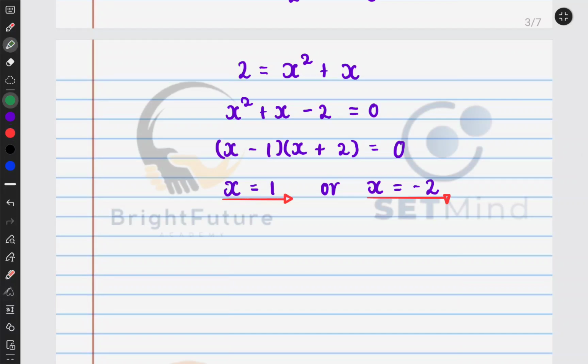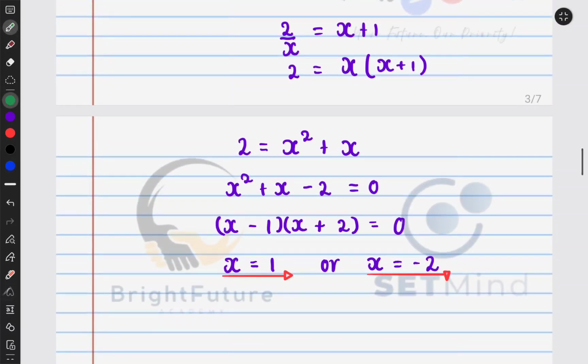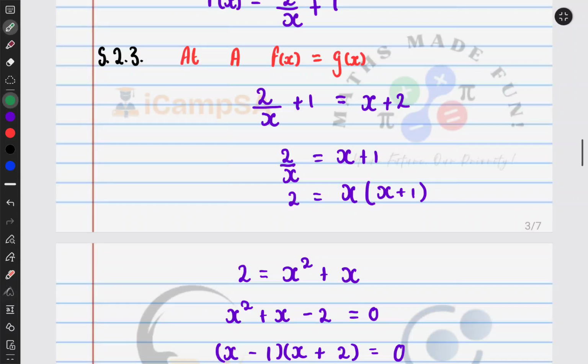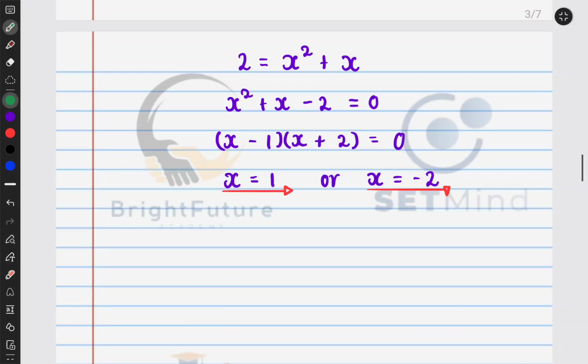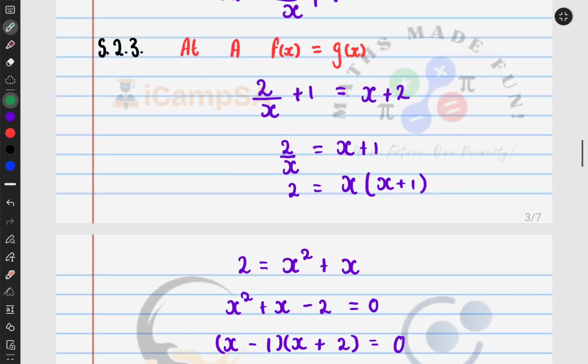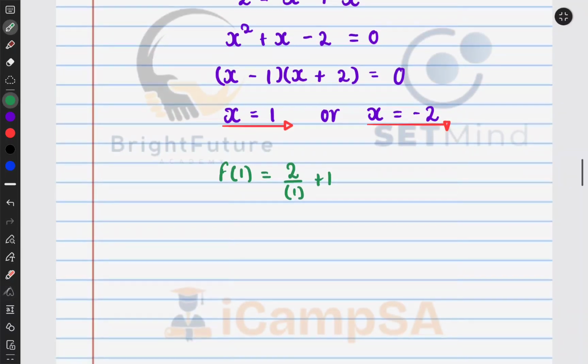Therefore the coordinates of a: we have only calculated the x coordinate, so for the y coordinate we can use either the equation of f or g to find the corresponding y coordinate. Let's use the equation of f. f at 1 is equal to 2 over 1 plus 1, which is 2 plus 1, which is 3.